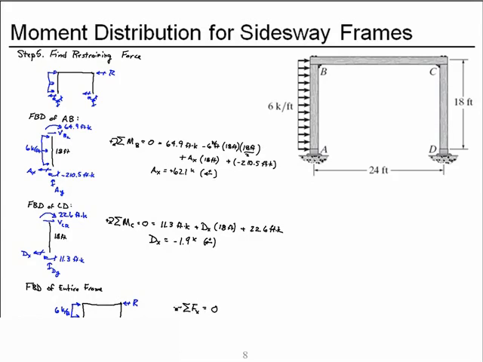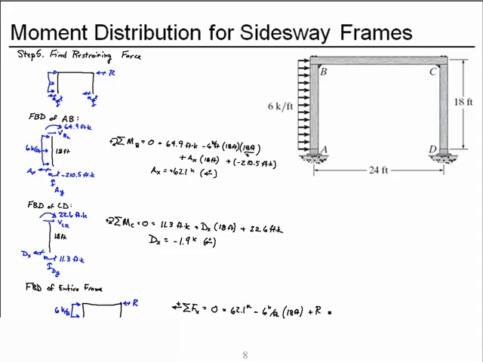I will choose to the left as positive, since that's the way all my arrows are drawn, at least for the concentrated forces. So I have a positive contribution from the reaction at A. There is a negative contribution from the distributed load acting over 18 feet.